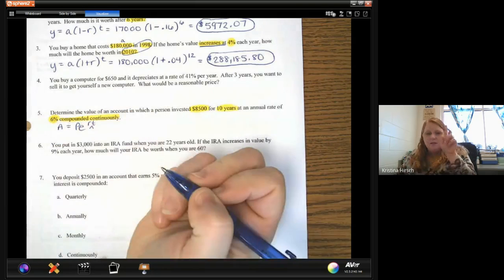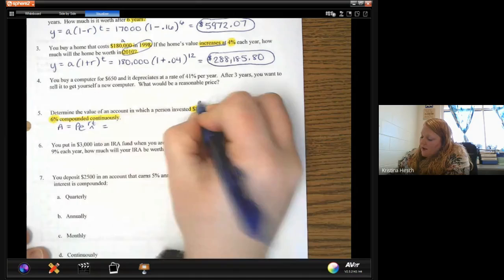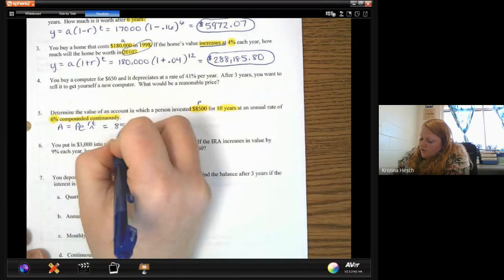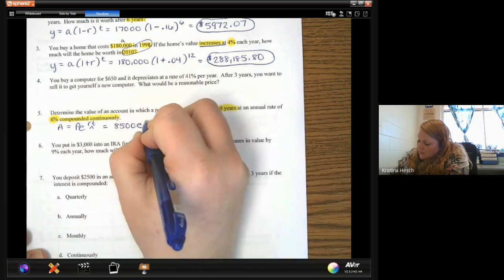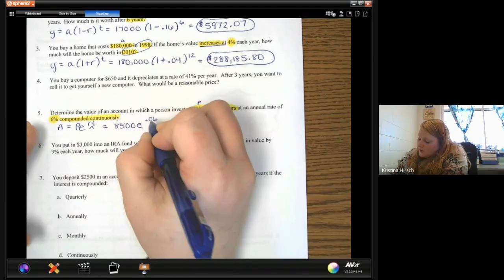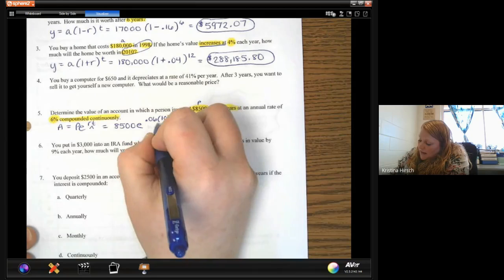So PERT has an exponent, right? So our principal is the 8,500. So 8,500E raised to the RT. So 0.06, because that's my rate, 6%, times 10 years. All right, so remember these are exponents.